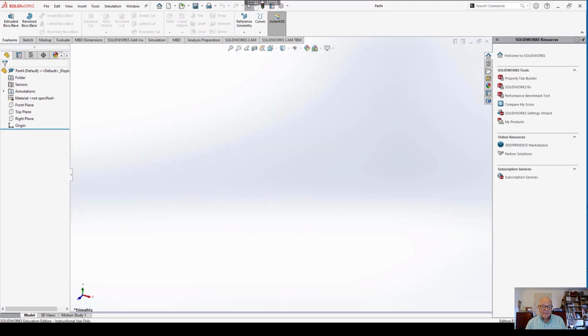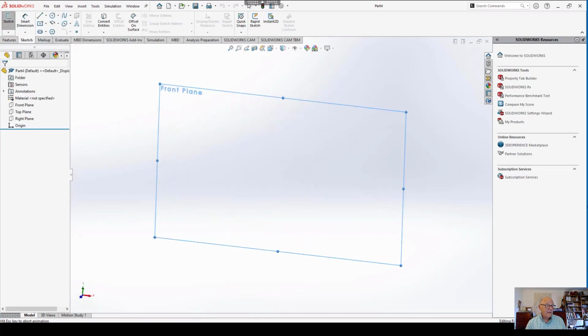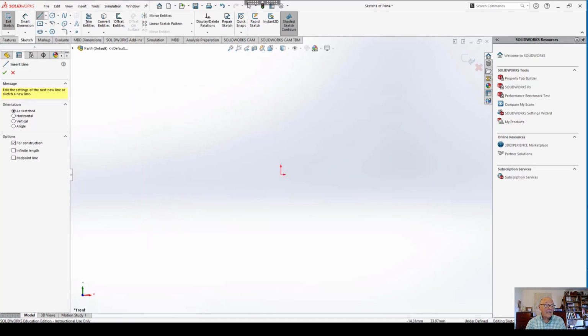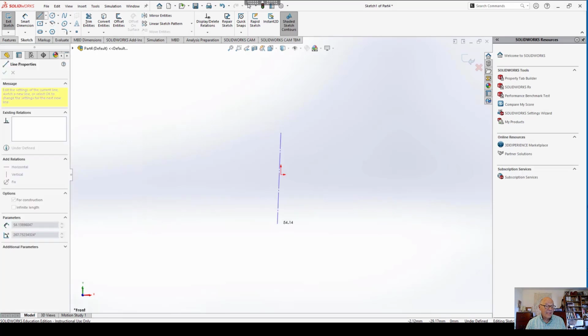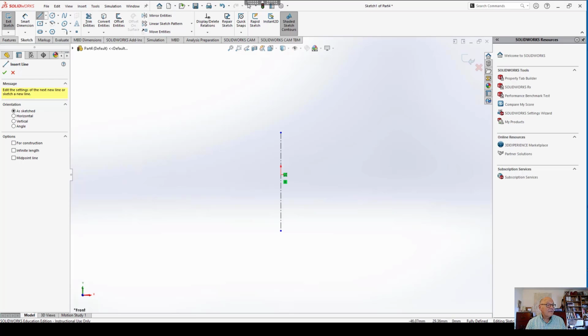I'll do a part. Again, it doesn't really matter for what I'm doing since I'm not putting dimensions on. So we'll do a sketch, and I will do that on the front plane. I'll have a center line that comes down through, looks like this. So let's just do a little bit of a goblet, kind of similar to what I had there.